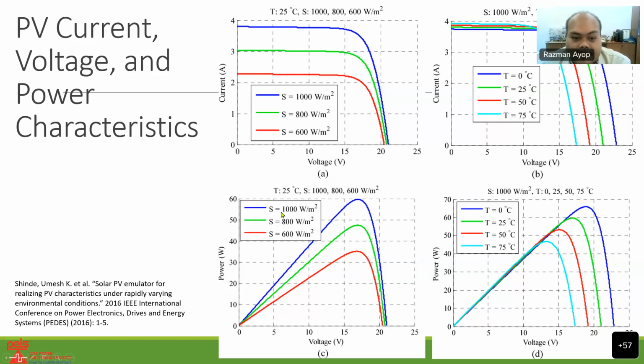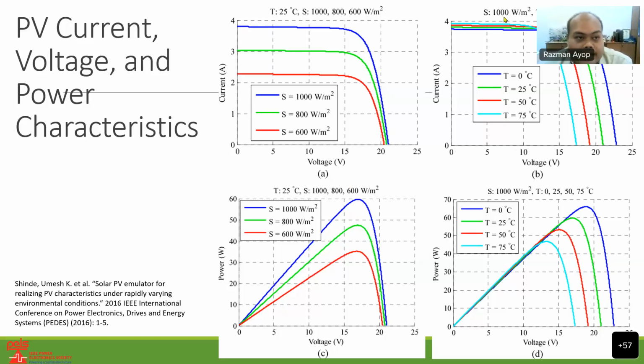But when the irradiance is 100 watt per meter square, the power produced can go up to 60 watt. Basically, the higher the irradiance, the higher the power. And you can also see it is a non-linear characteristic. So you have to operate at this maximum power point to ensure that the maximum power is produced from the PV.